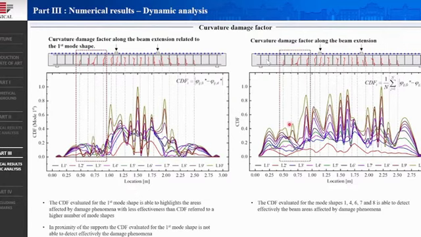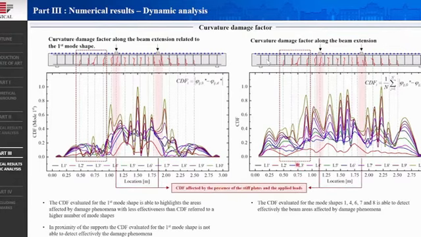On the contrary, the curvature damage factor on the right clearly shows the location of the macro cracks near the supports, except in correspondence of the load application, where both the curvature damage factors resulted to be strongly affected by the presence of the stiff plates where the load is applied.